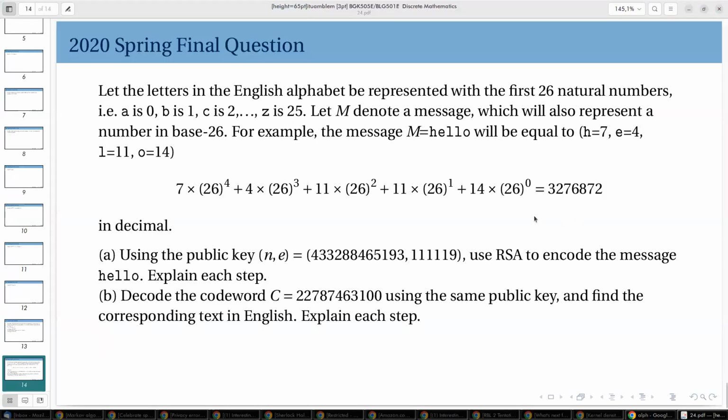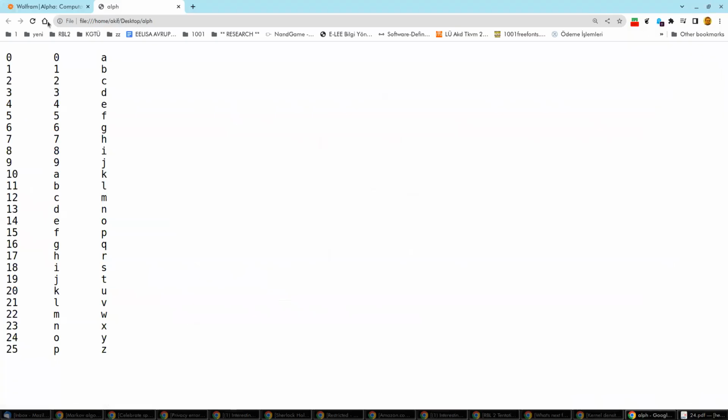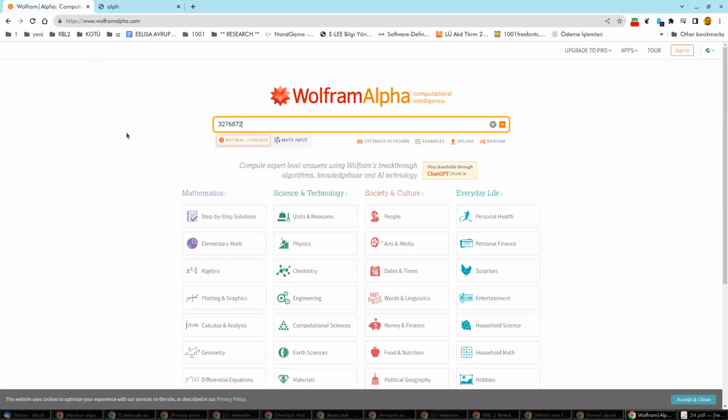Therefore, for instance, the word hello actually means this representation 7, 4, 11, 11, 14, and in decimal it becomes this number. So I can show you that this indeed is equal to the same number. Let me just convert this number to base 26.